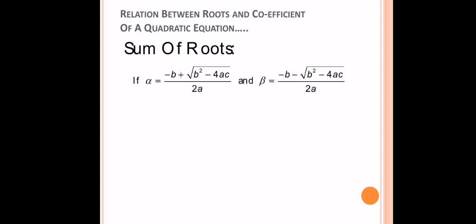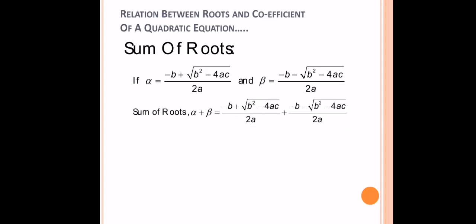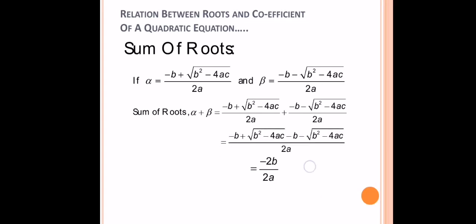So if alpha be one root and beta be the other root of the standard form of a quadratic equation, then the sum of roots is alpha plus beta, that is we are going to add the two roots. By adding their values, the positive under root b square minus 4ac and the negative under root b square minus 4ac cancel out each other, and while adding the two like terms, minus b and minus b, we get minus 2b.